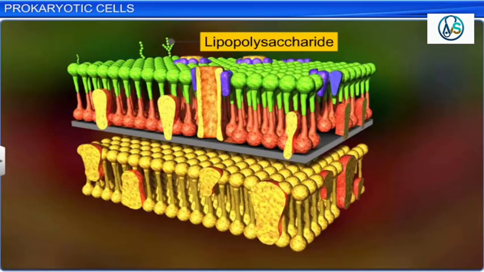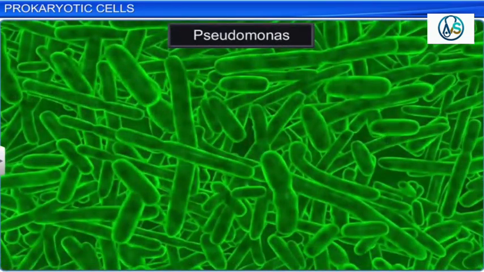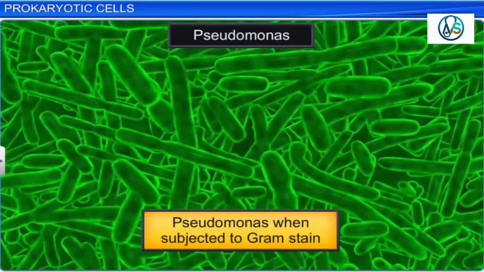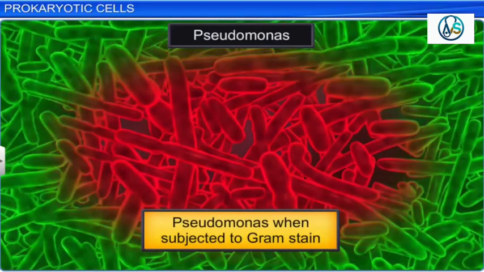When such prokaryotes are subjected to the gram staining procedure, they do not take up the gram stain, but appear red or pink when counterstains such as safranine are added. Hence, they are called gram-negative bacteria.